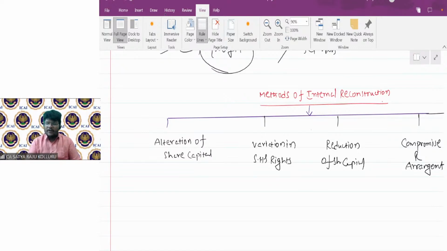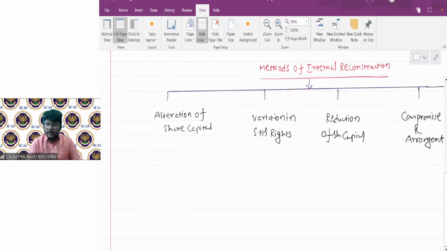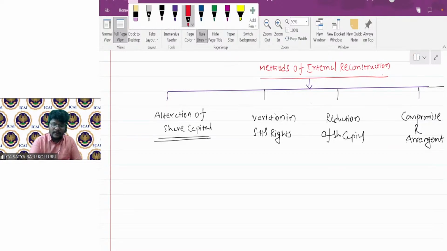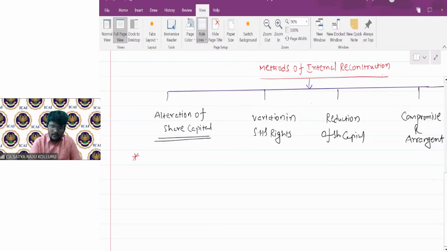Sir, in case of alteration of share capital, what is going to happen, sir? In case of alteration of share capital, there may be consolidation or subdivision of shares.